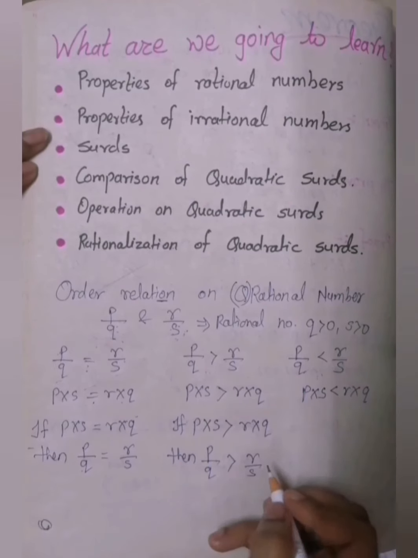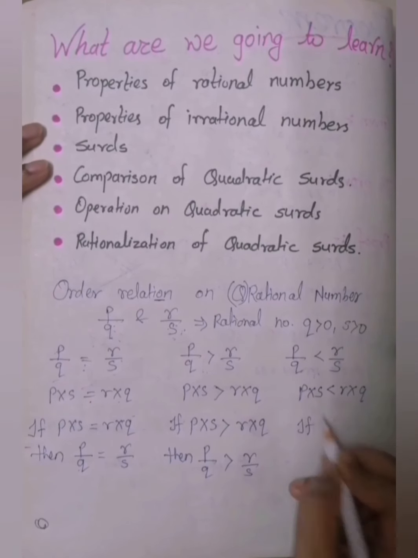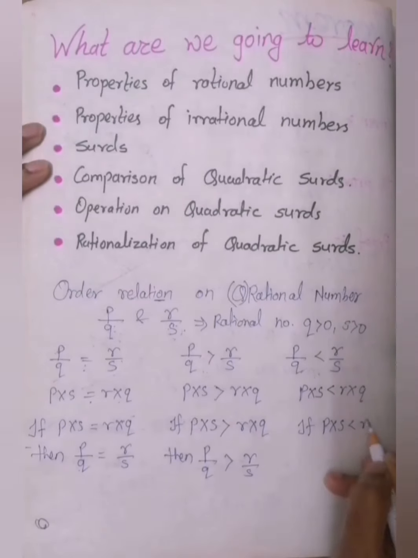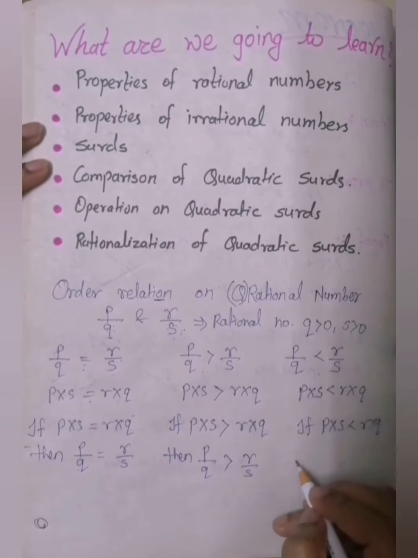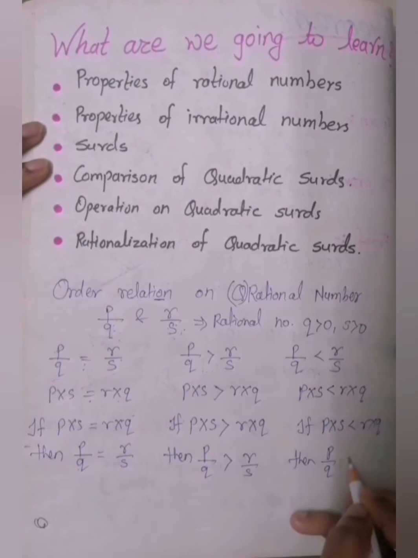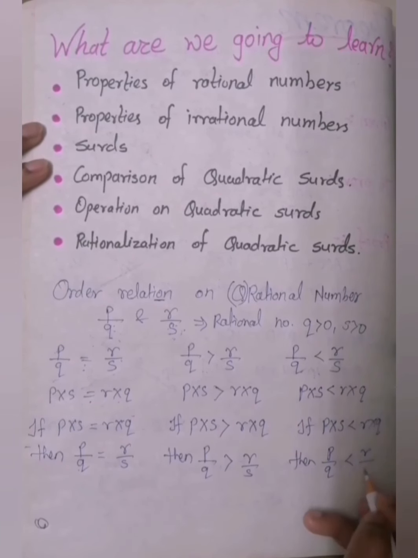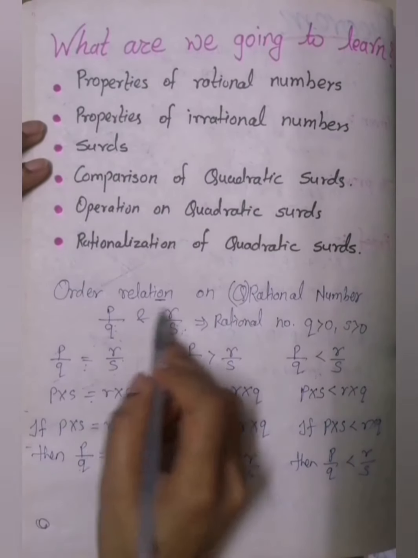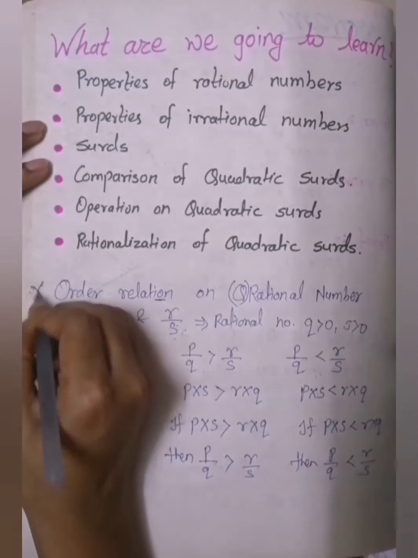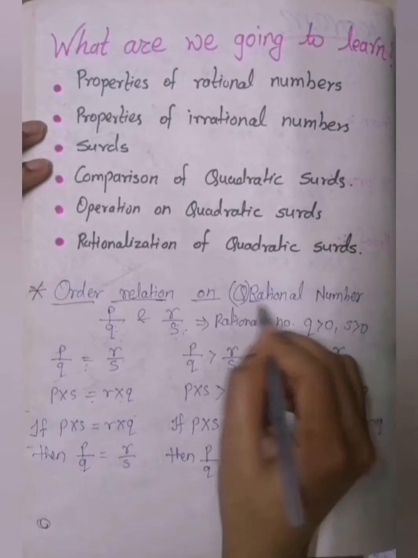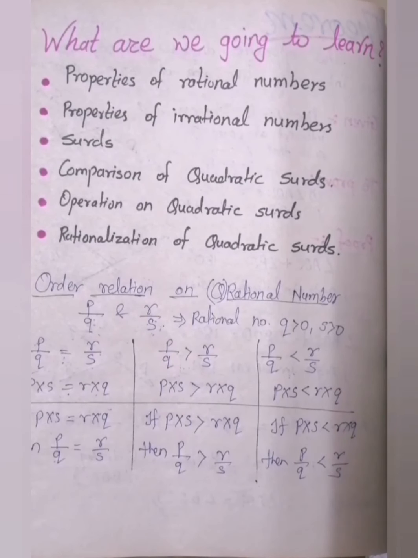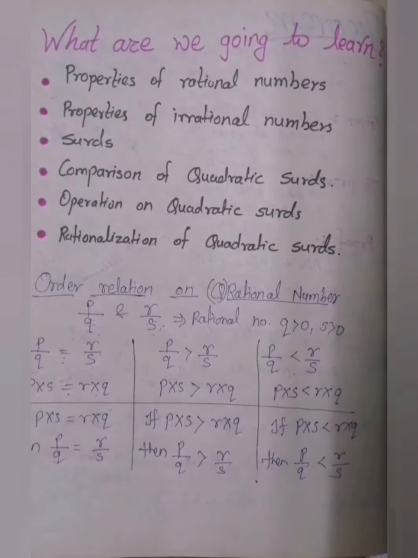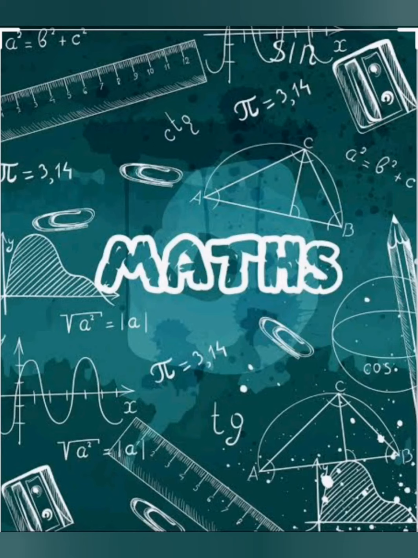Now the third one: if P multiply S is less than R multiply Q, then P upon Q is less than R upon S. So in this way we get the order relation on rational numbers. This you learned in your 8th standard, students. Clear? So these are the order relations when we take two rational numbers and compare them with each other, then we get three forms of comparison.